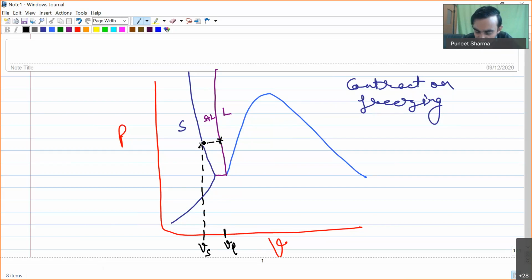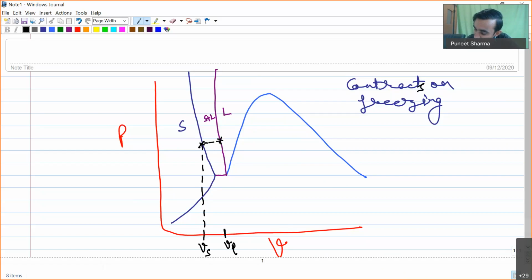So this particular boundary between solid and the solid plus liquid mixture has low specific volume in comparison to the specific volume of the liquid at the same pressure condition. Okay, so it means that this is a substance which is contracting on freezing.